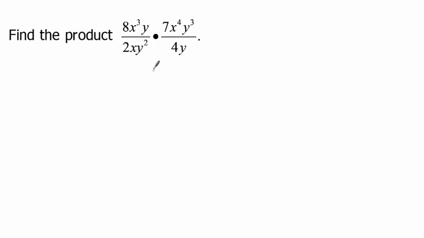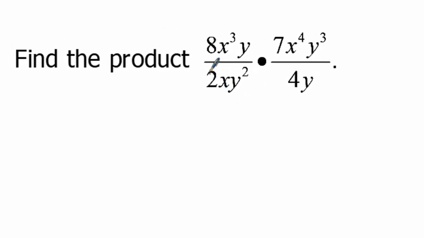Okay, so what are we going to cancel out? 2 goes into 8 4 times. 4 goes into 4 once. Y goes into y. Y squared, I'm going to subtract 2 from this power.